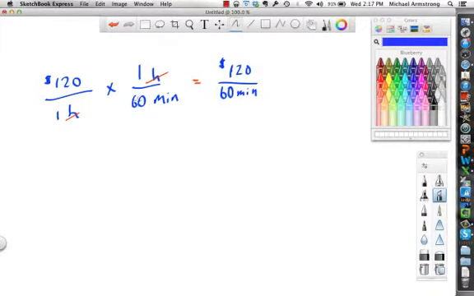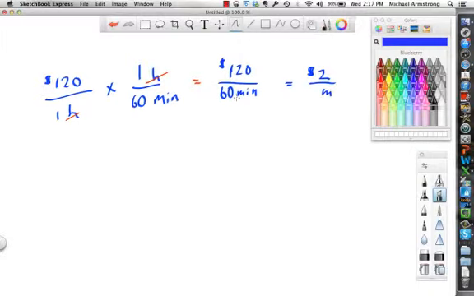Okay, 60 is left on the bottom. 1 times 60 is 60. 120 times 1 is 120. And then basically I just have an improper fraction that I have to simplify. And 120 over 60 is basically $2 per minute. So I make $2 per minute. $120 per hour is the same as $2 per minute. And I think that makes sense to you.